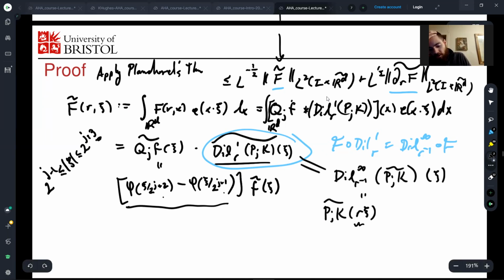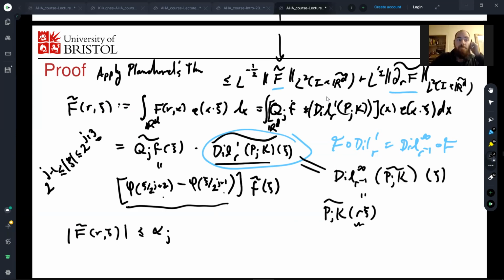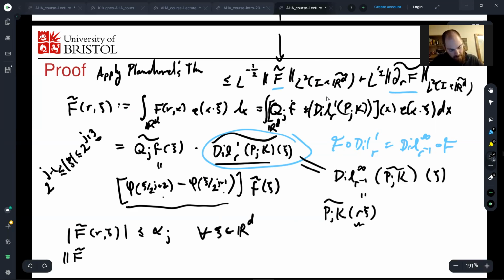But this factor of r can push us forward a little bit. And hence, this is all less than or equal to alpha of j, and that's for all xi and R^d. And that means when we take the L2 norm, so this is on I and R^d, right?